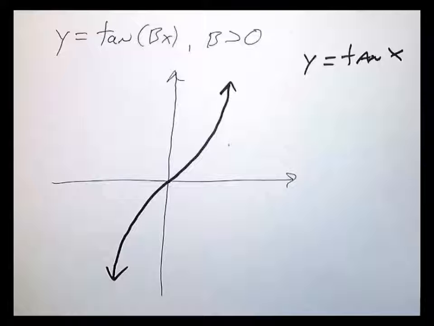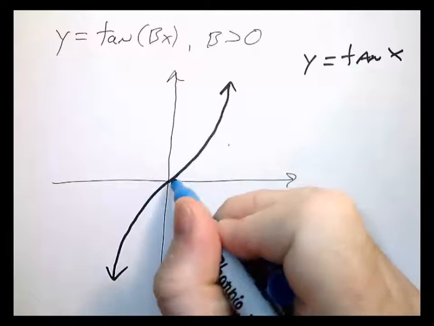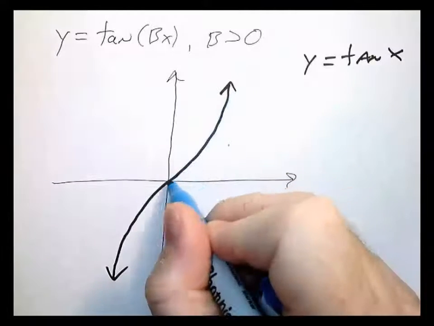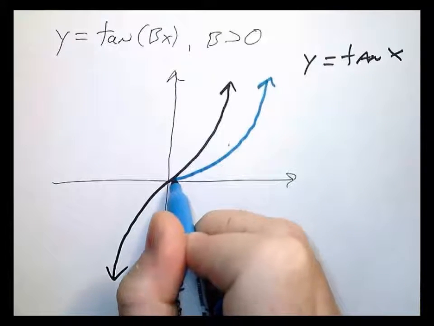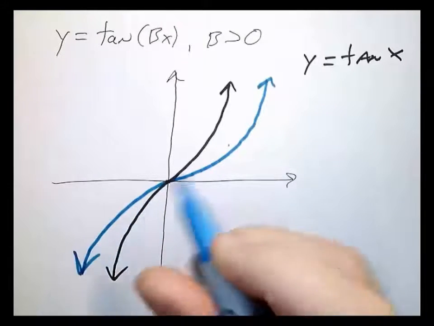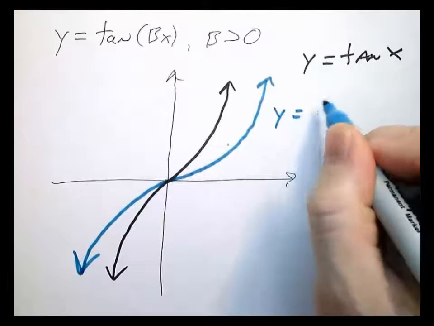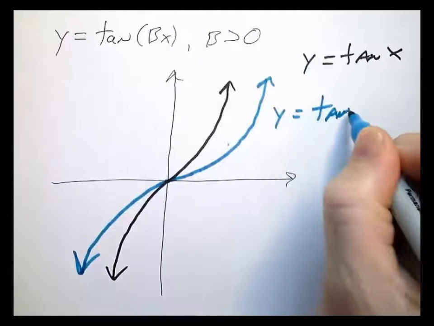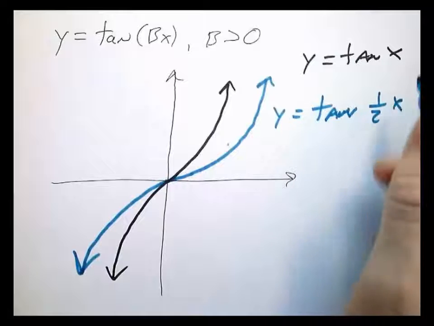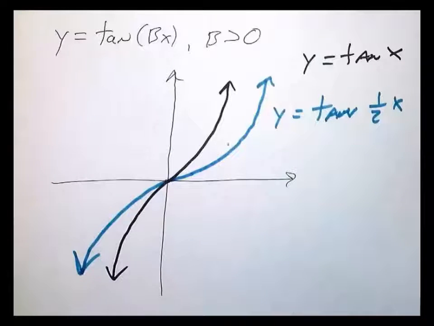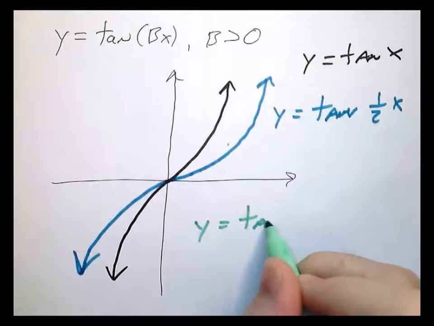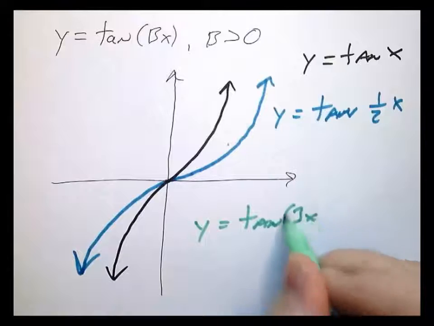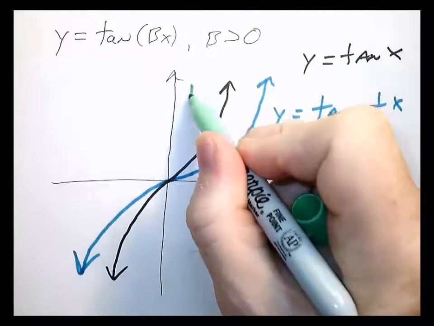And then I want my tangent of a half x. I'm going to double all my x coordinates, so I have to think about doubling those. So this would be y equals tangent of 1/2 x. And then for y equals tangent of 3x, I'm going to have a third of these values.